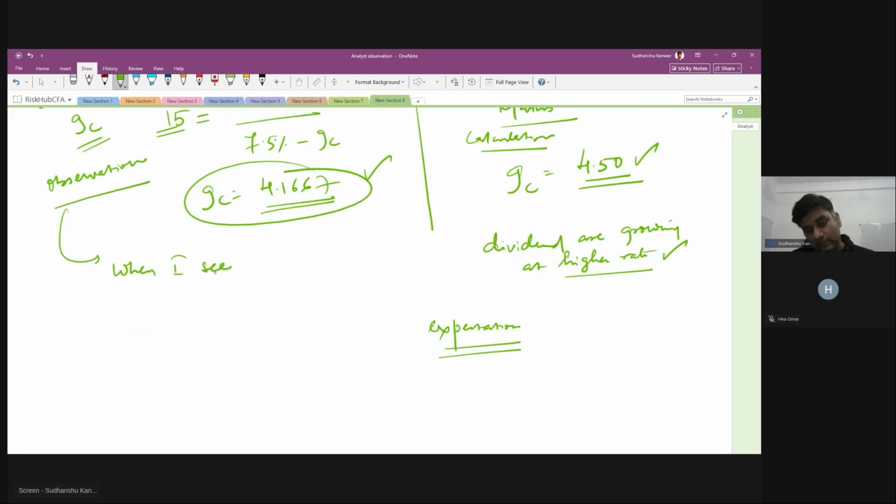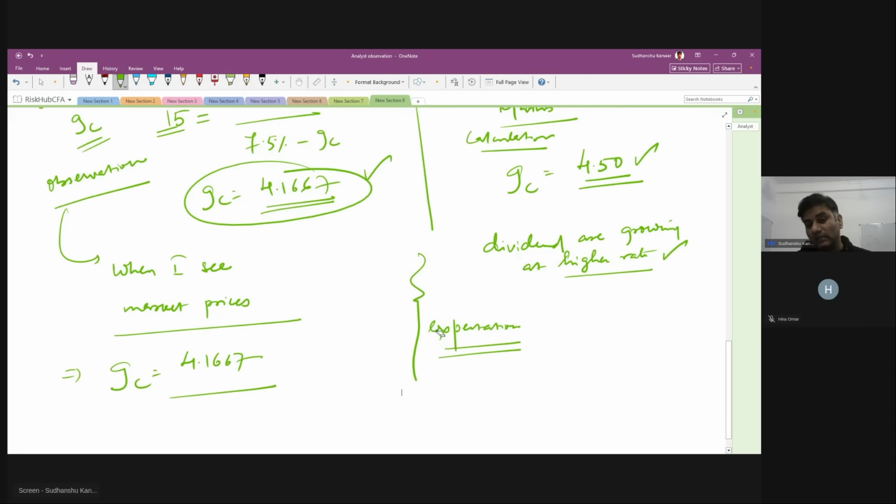When I see market prices, I see GC is equal to 4.167. When I calculate by maths, maths tells me that GC is equal to 4.50.